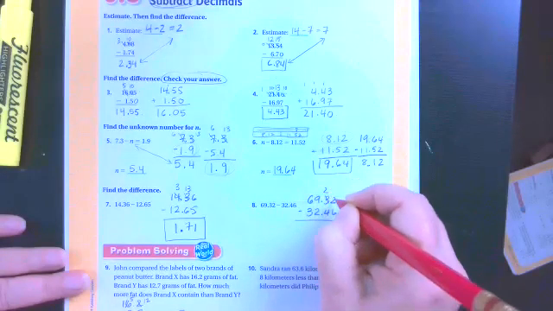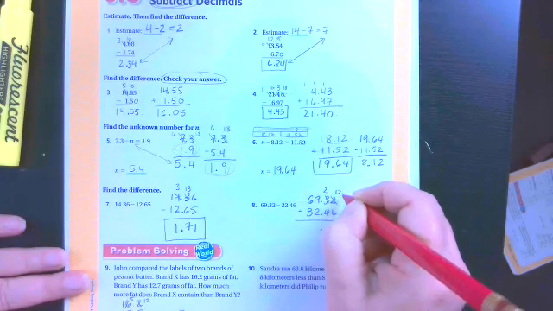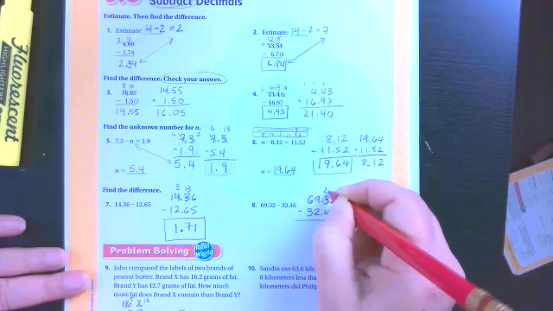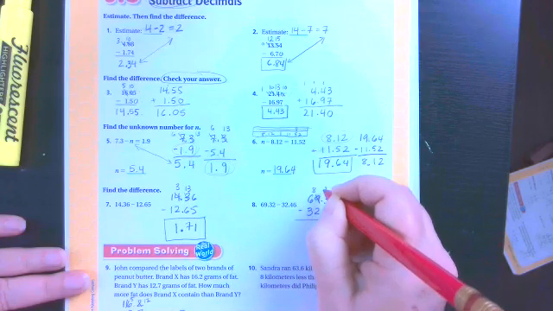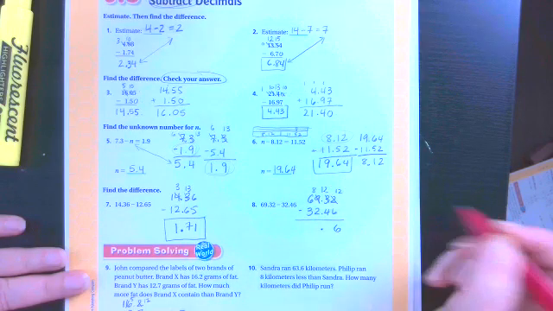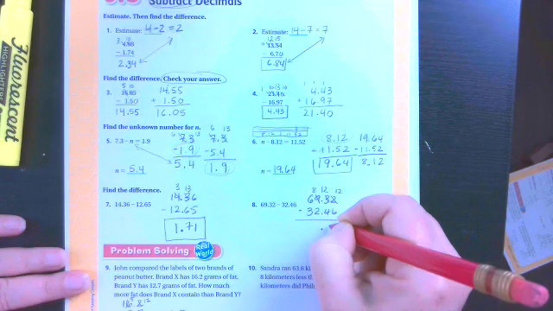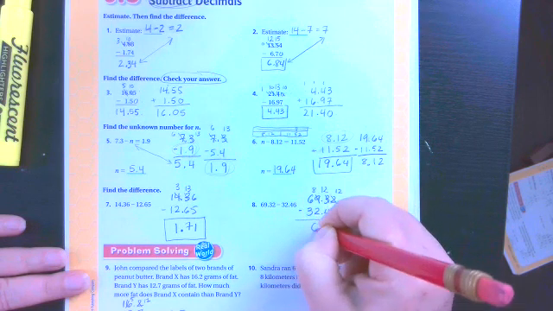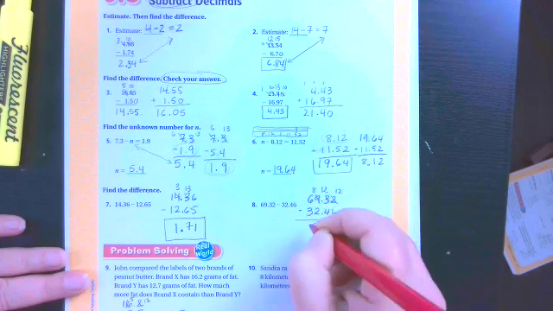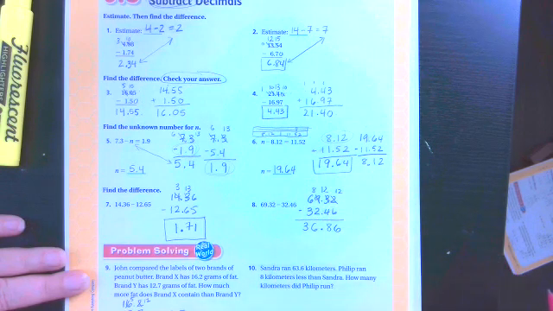My 3 becomes a 2, and my 2 becomes a 12. 12 minus 6 is 6. 2 minus 4 I can't do, so I'm going to go next door. My 9 becomes 8. My 2 becomes a 12. 12 minus 4 is 8. And 8 minus 2 is 6. 6 minus 3 is 3. So 36 and 86 hundredths is my answer.